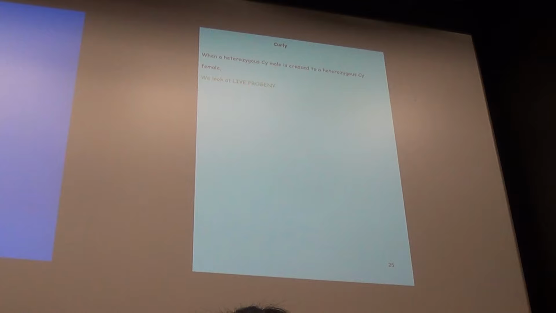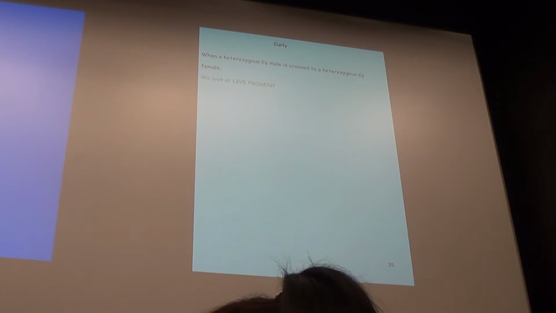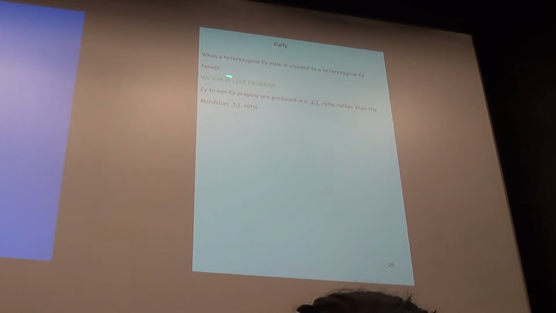And we're going to look at the live progeny. We're going to look at the progeny of the flies once the flies have gone through larval stage, through the pupal stage, and then they form flies. That's when you look at the progeny. So, we're going to analyze the presence of curly versus non-curly in the progeny.